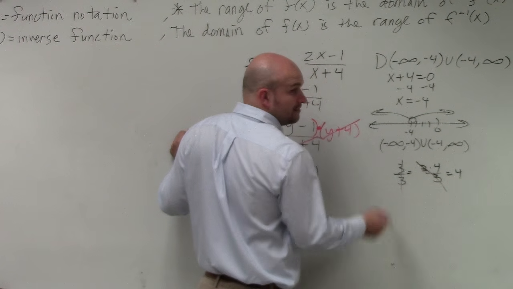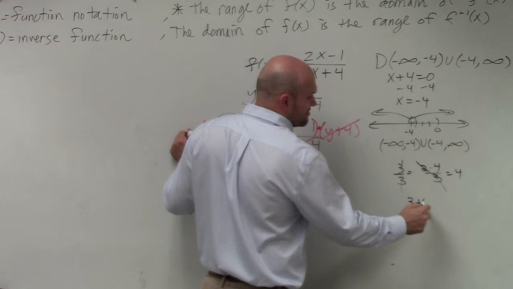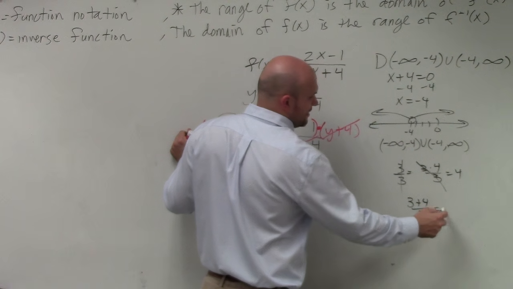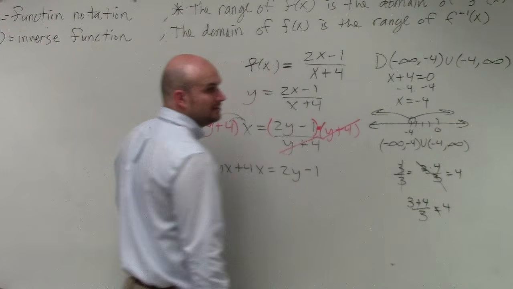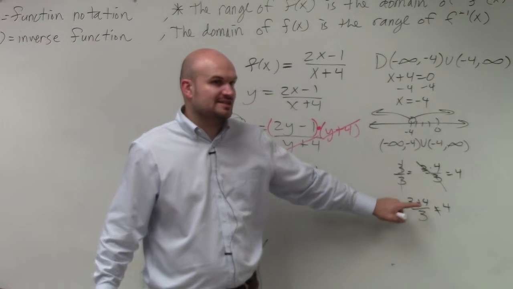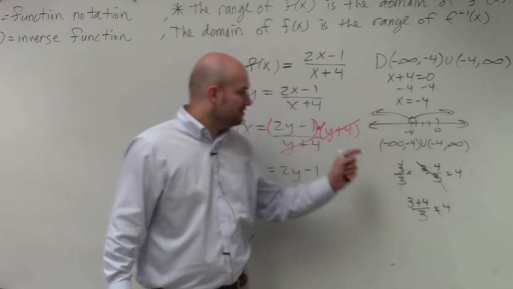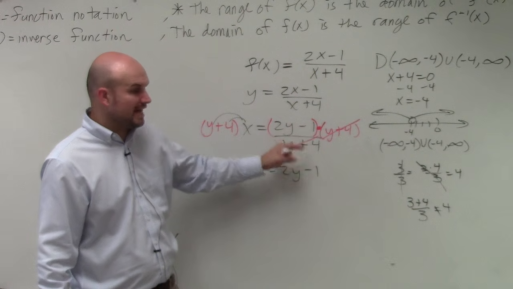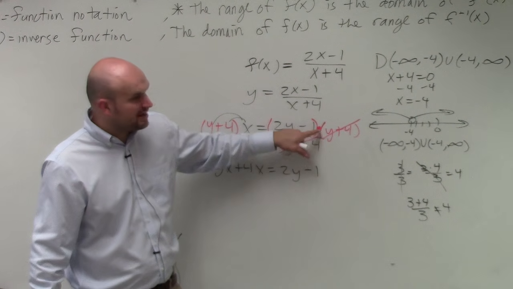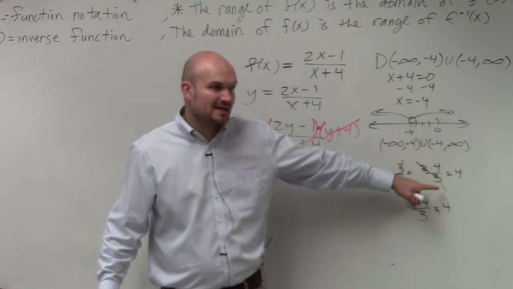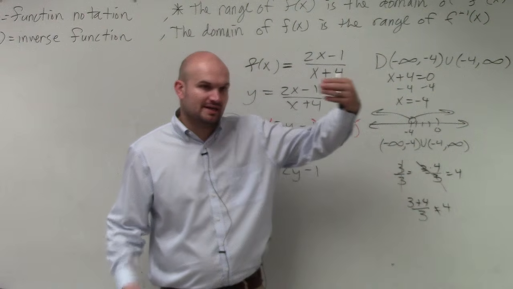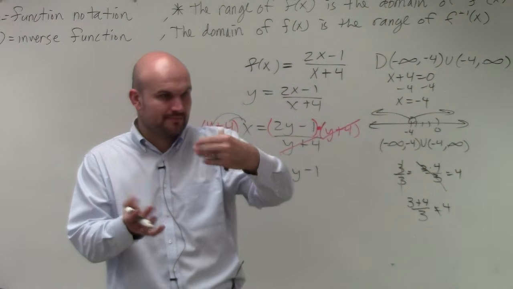Divide out, divide out. However, like 3 plus 4 divided by 3 is not equal to 4, right? You can't cross them when they're separated by addition or subtraction. However, you might see addition and subtraction and say, well, you're doing that. No, I'm not. These two are separated by multiplication. So therefore, I can apply the division property. If you have a quantity divided by itself, it equals 1.